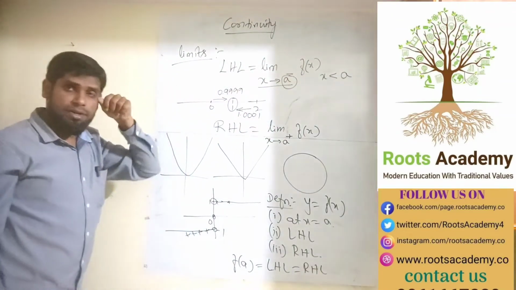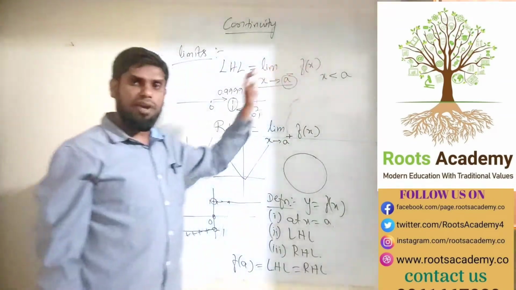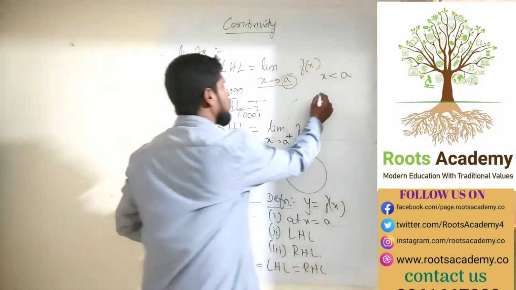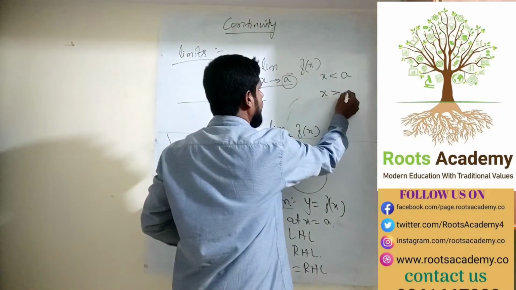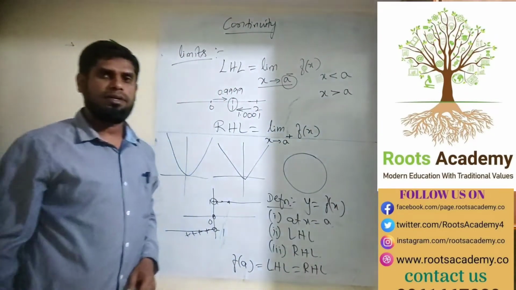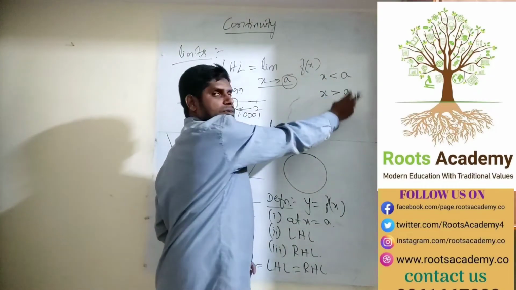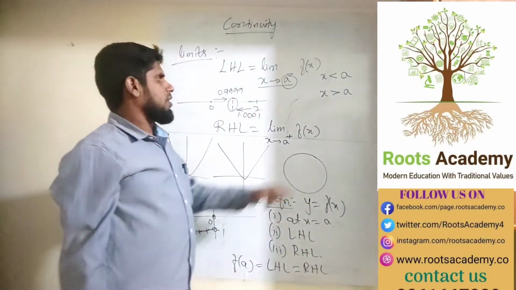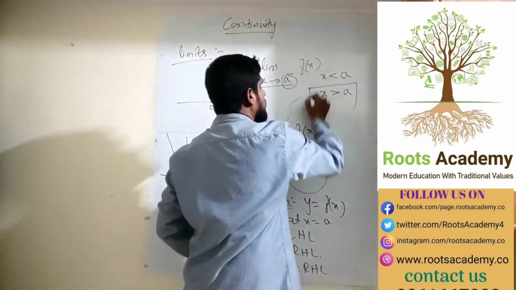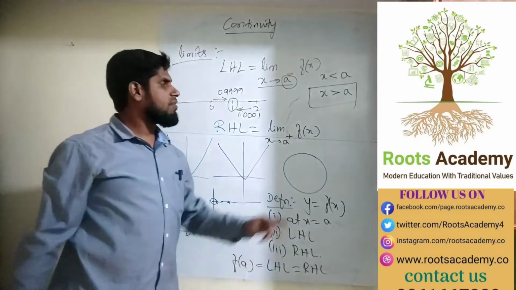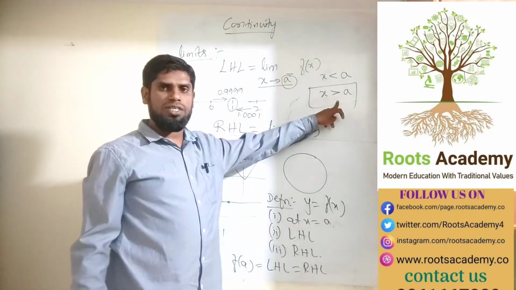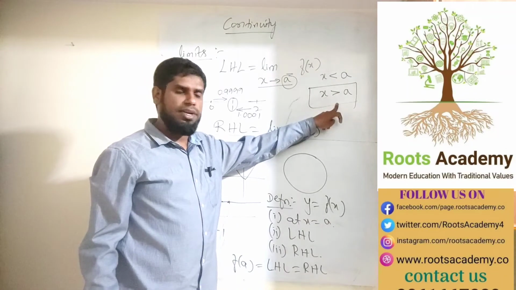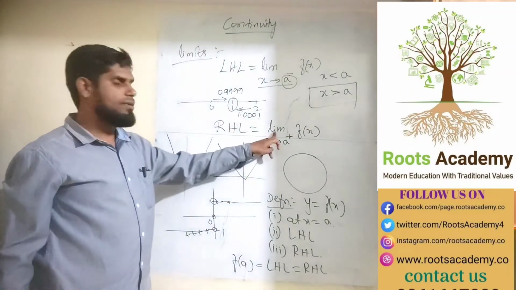For the right hand limit, we will not take the same function. For the right hand limit, we will take the function whose condition is x greater than a, where a is any value. Whatever function is related to this condition, that function we will take for the right hand limit.